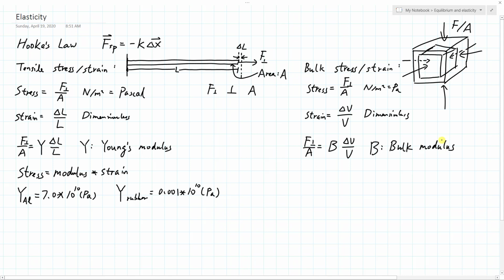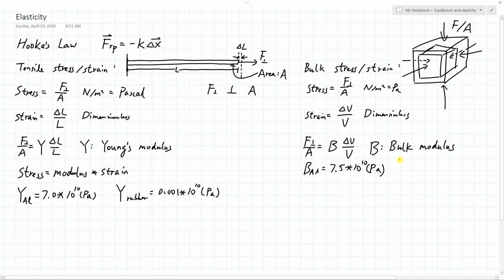And the bulk modulus and the Young's modulus are very similar. So I'll give you an example. For aluminum, the bulk modulus is 7.5 times 10 to the 10th power pascals. So very similar to the Young's modulus.